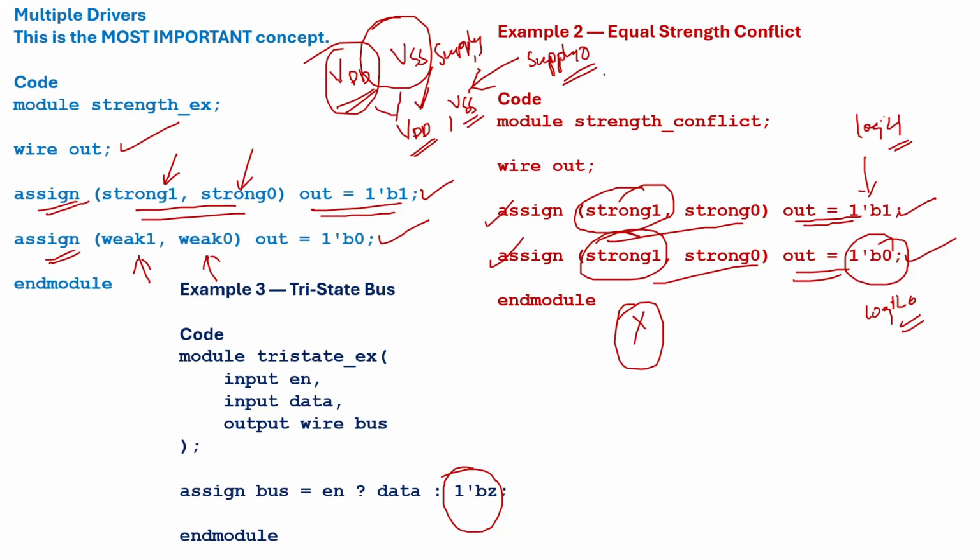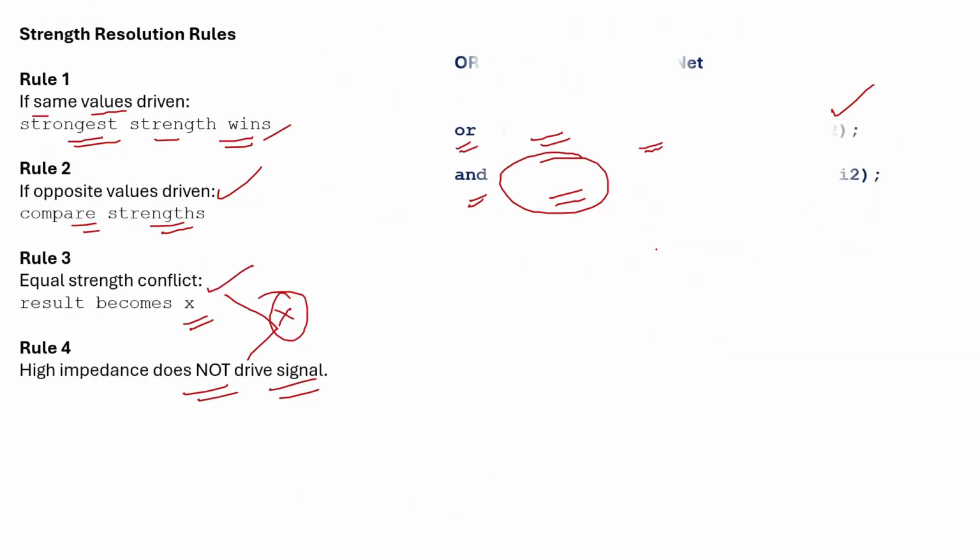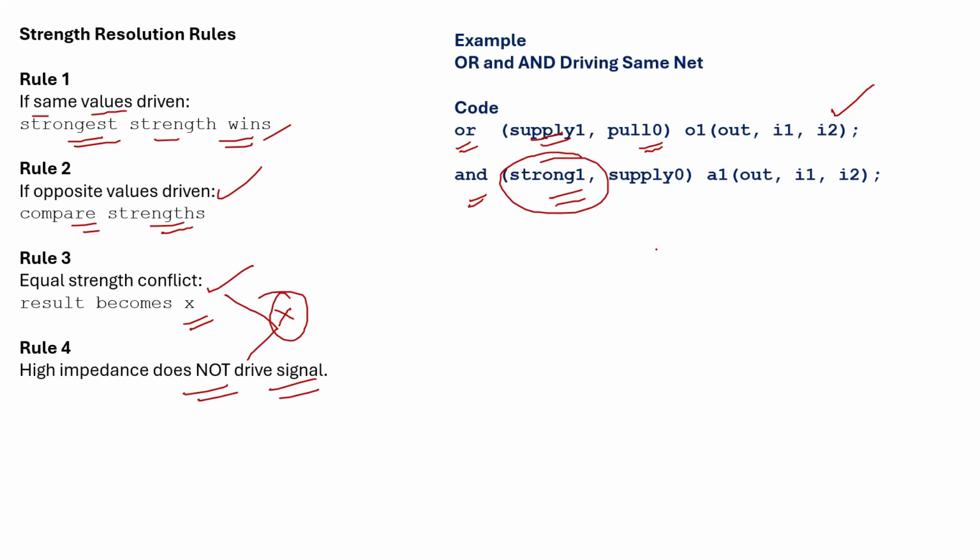In my construct, strong is the weakest strength and supply is the highest strength. So what wins the race here? Supply. That means the OR gate drives the output and the AND gate is not driving it.